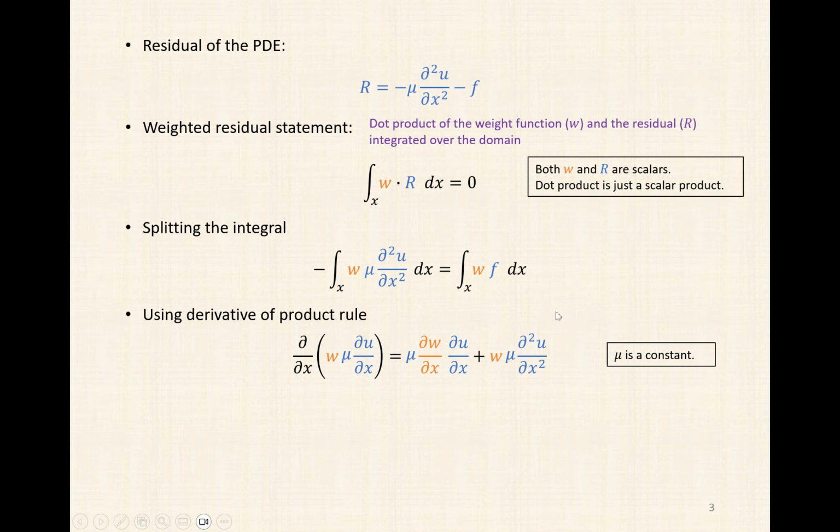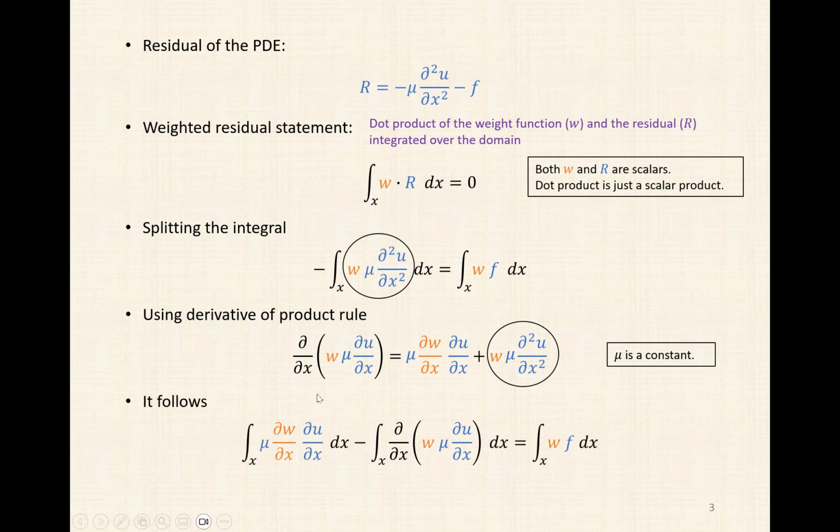Now what we need is this term, the second term on the right hand side. From the derivative of product rule, we are going to replace this term in the integral with these two terms. So we take this to the other side, it becomes minus, and when we substitute it into this equation and simplify, we get this expression.